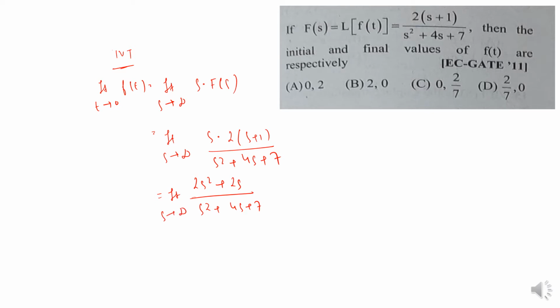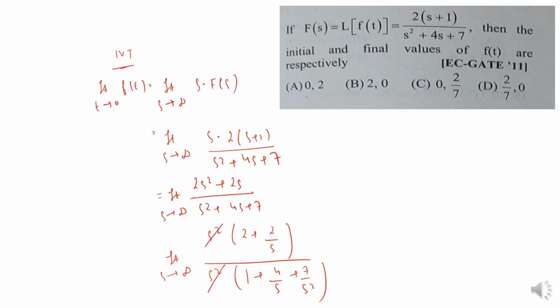Now we can take s square common. Taking s square common in the numerator and the denominator, we get (2 plus 2 by s) by (1 plus 4 by s plus 7 by s square), with limit s tends to infinity.